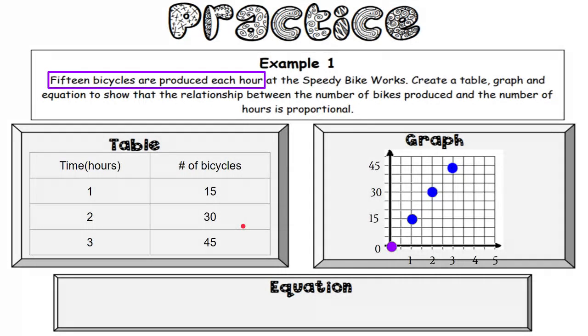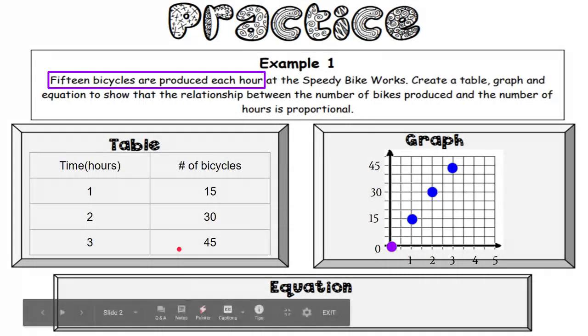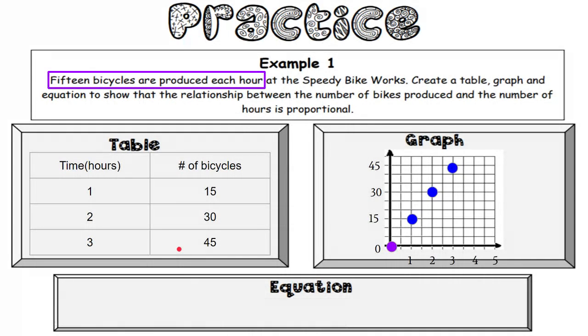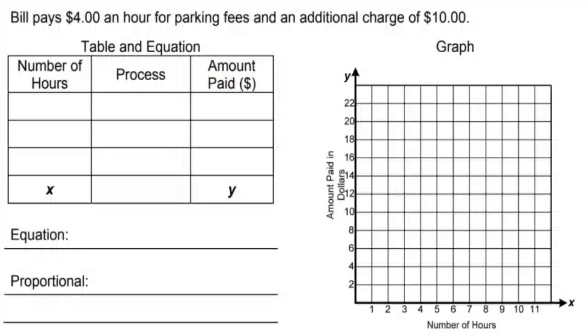However, when I set up my ratios, y over x, 15 over 1, I get 15. 30 over 2, I get 15. 45 over 3, I get 15 again when simplified, which shows that's a proportional relationship because I get equivalent ratios. I can also take this information and create my equation, which will be y equals 15x, and I see I do not have a constant or a y-intercept.